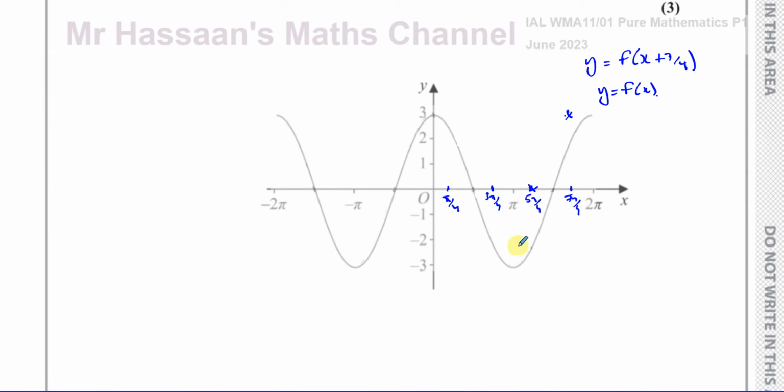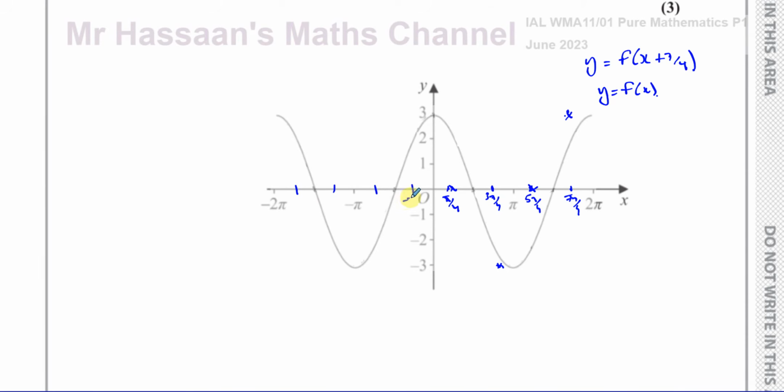And this minimum here is going to go back down to where this is. It's going to go back here. And this point is going to go to here. And again, you're going to have the same things on this side. You're going to go halfway between each of these.